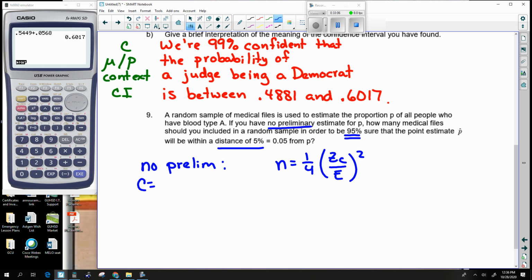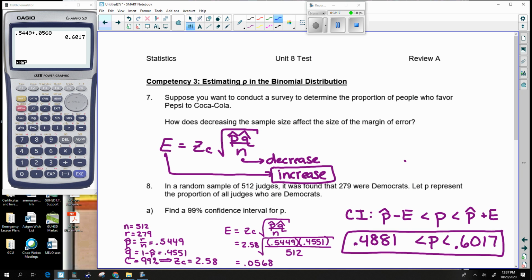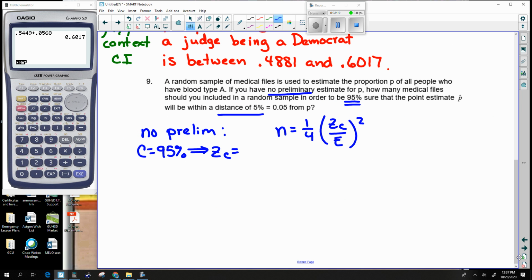We have a confidence of 95%. So what that is going to tell me is that the ZC, again, you take a look at that little box, is 1.96. And then we have a distance of 0.05, 5%. So that means E is 0.05.